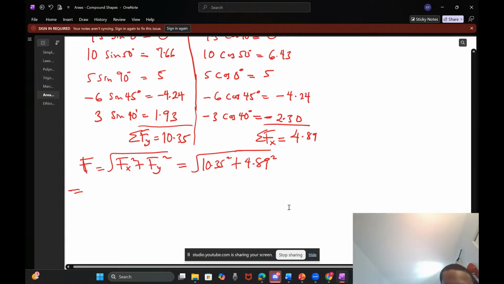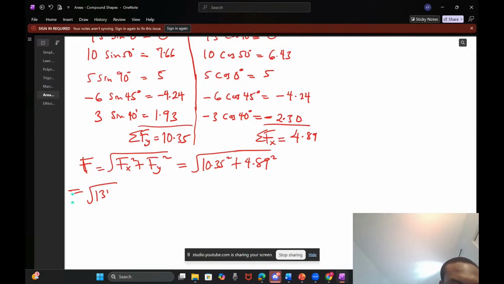So that will give us the square root of 131.03. So if we square root the answer, we'll get 11.45 Newton.